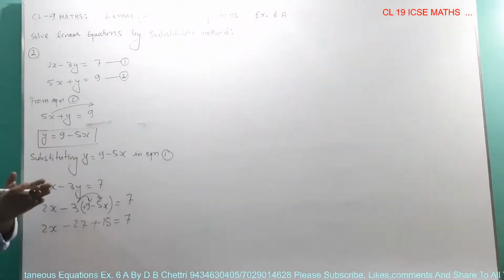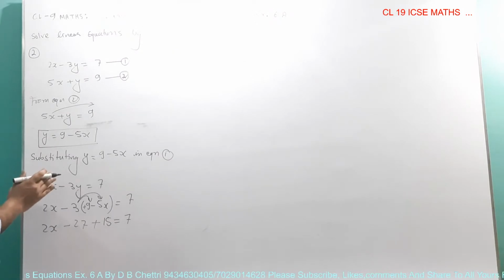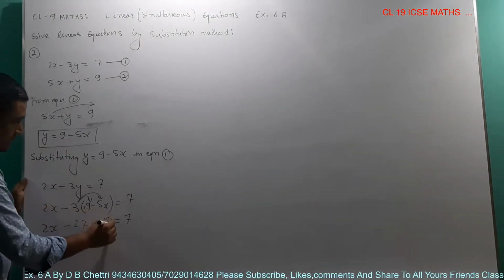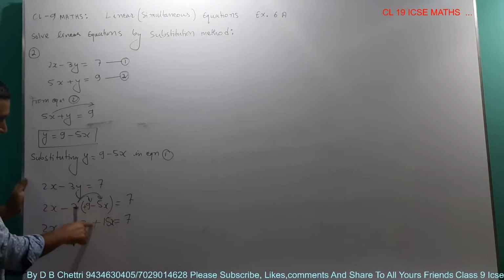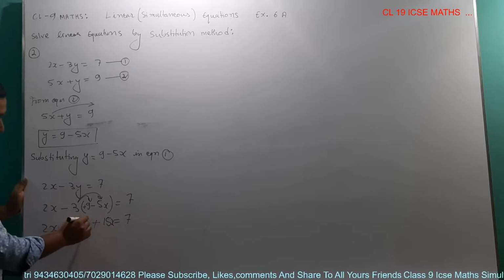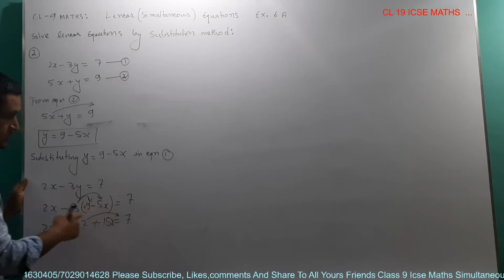Now put together the like terms. Variable on one side and number on the other side. That means we are going to take this 27 towards the right.